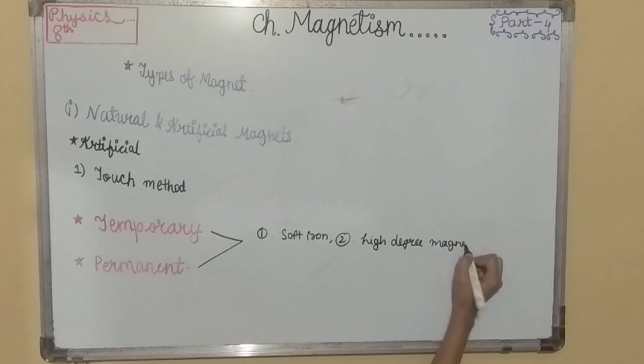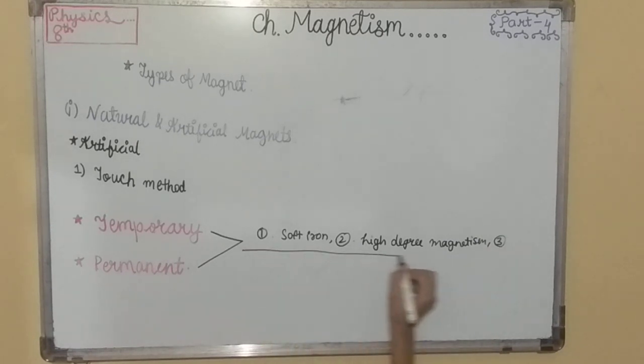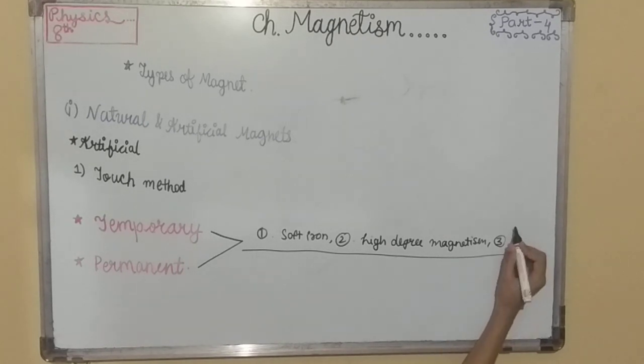High degree magnetism. This is of temporary magnet. Third is magnetic retention power is so low that they lose magnetism as soon as the inducing magnetism is removed. Low retention power.